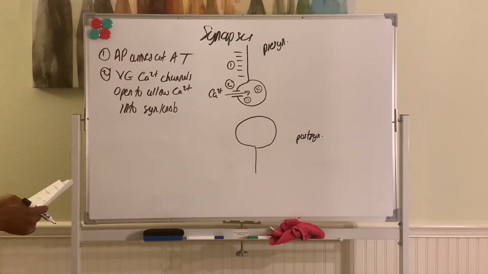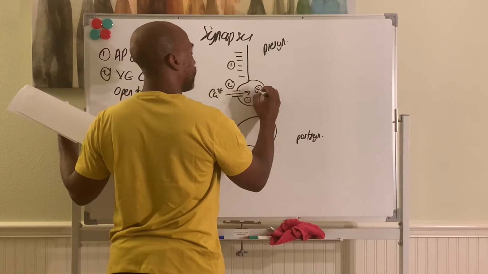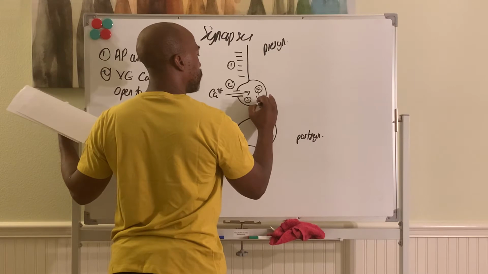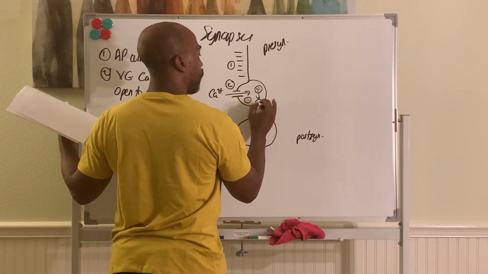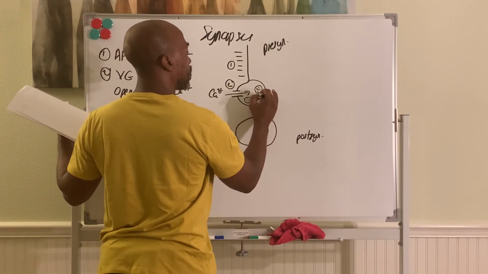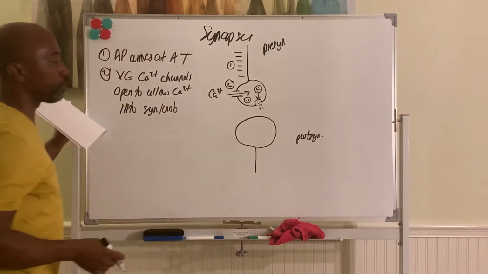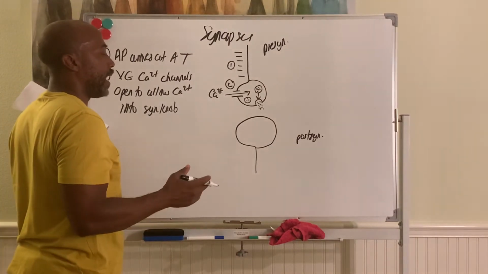or neurotransmitters. So step three is the calcium will cause the synaptic vesicles to release the neurotransmitters. Calcium causes the synaptic vesicles to merge with the membrane and release the NTs by exocytosis.